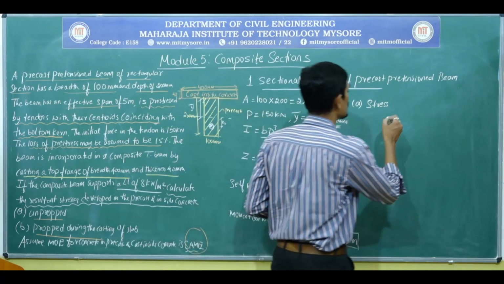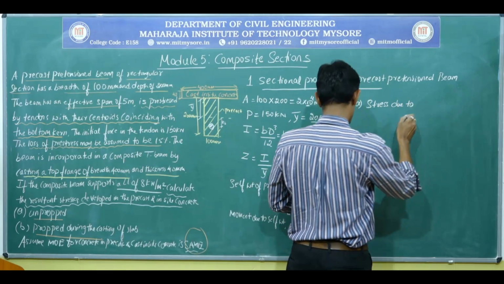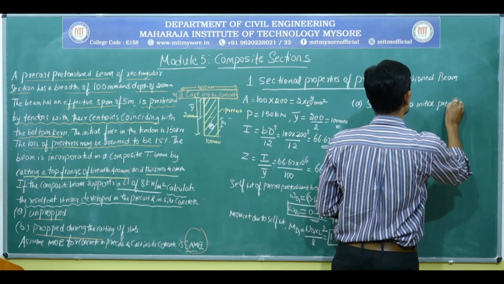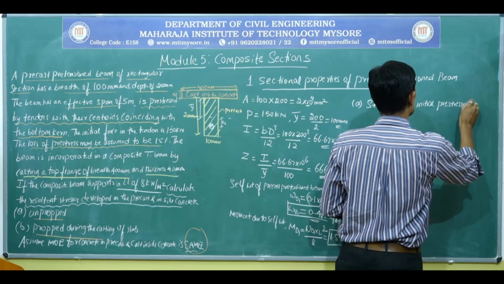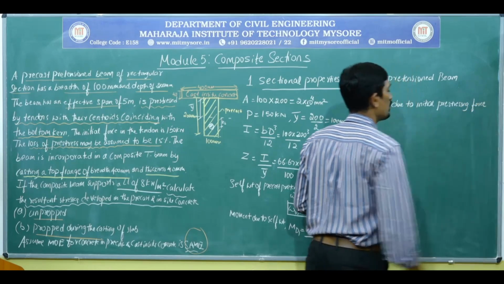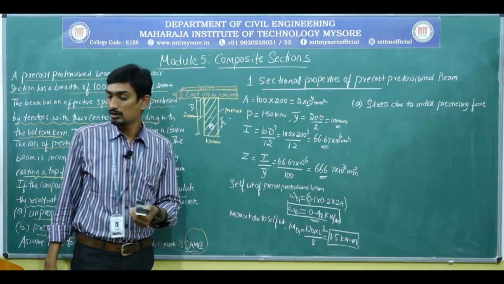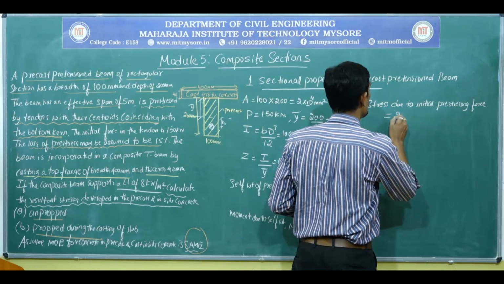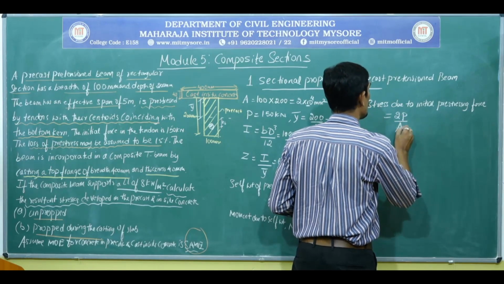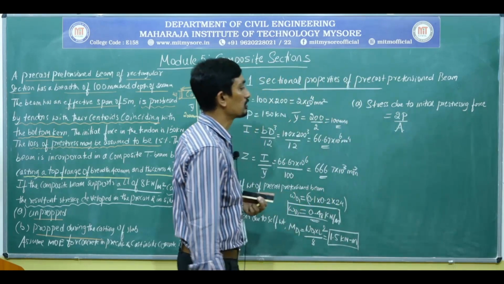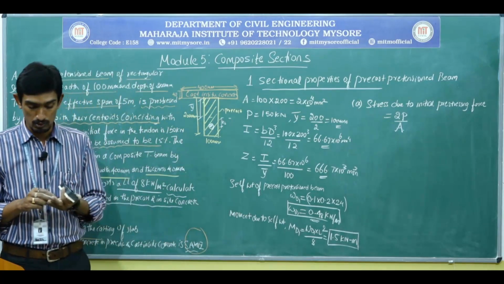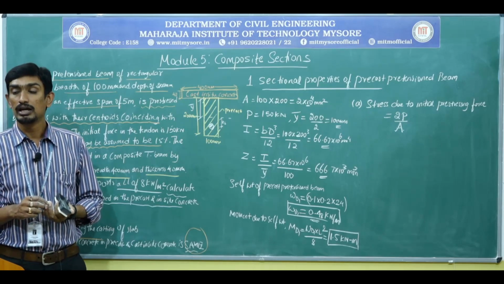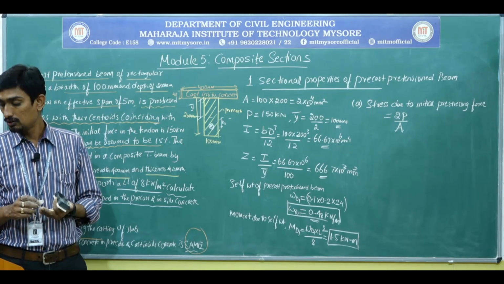The stresses due to the initial pre-stressing force is equal to 2P by A. Now, how did this formula 2P by A come? Let me explain.